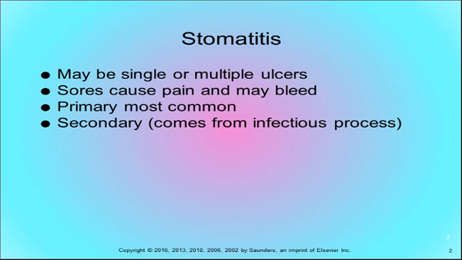Stomatitis is classified according to what's causing the inflammation. The primary is the most common. The secondary will come from an infection, any type of a virus, fungi, or bacteria, especially for those patients who are immunocompromised, those with cancer, HIV, and it can also come from patients who have been given chemotherapy or radiation, which puts them more at risk for having stomatitis.